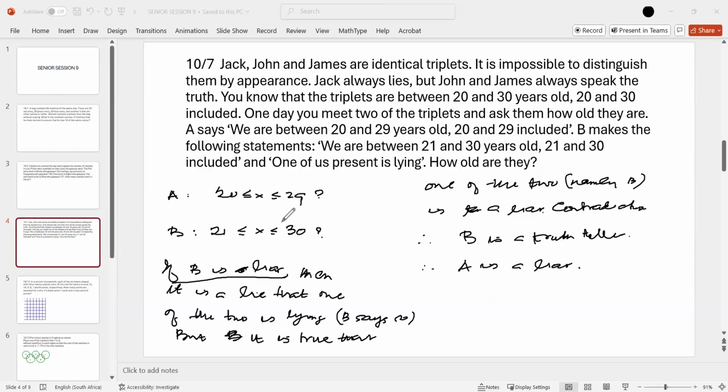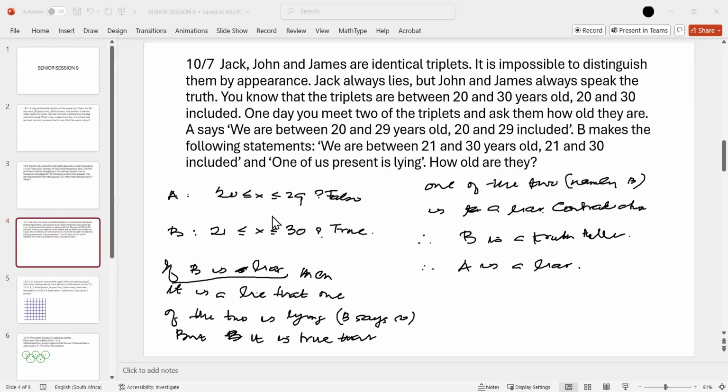All right, so now you've got, so this is a lie. So this is false, because A is a liar. B is a truth teller. This is true. So the other statement he makes is true.